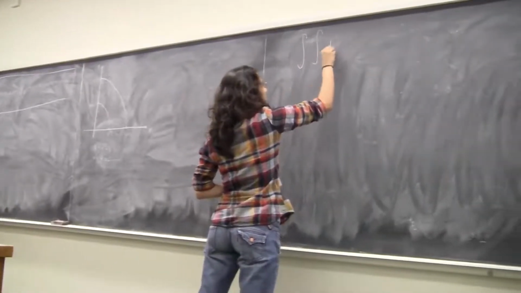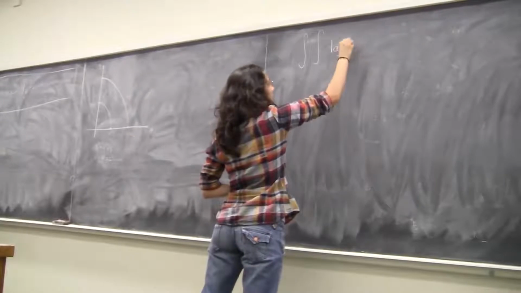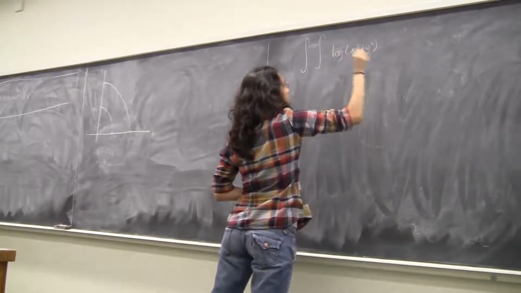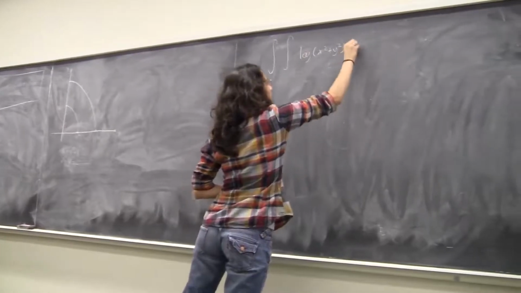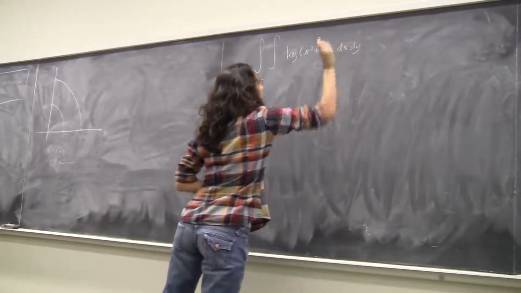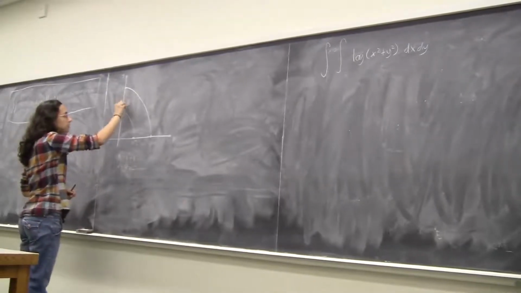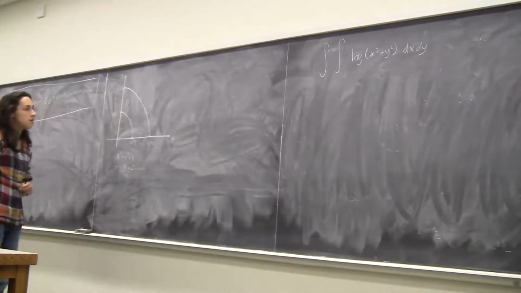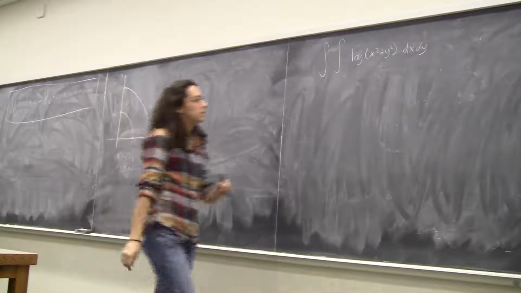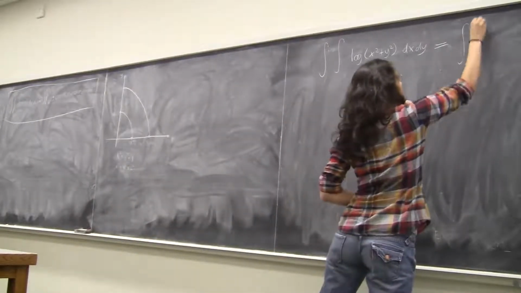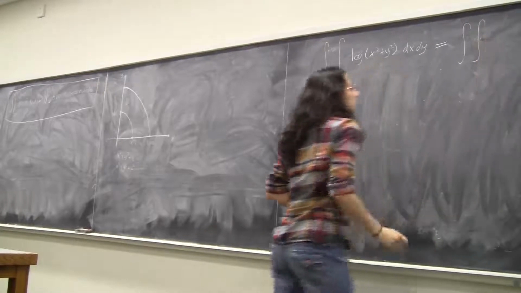We'll say log of x squared plus y squared. Okay, and so this is going to be our region D. And we want to now find our region D star. And we want to find what the integrand will be over here.